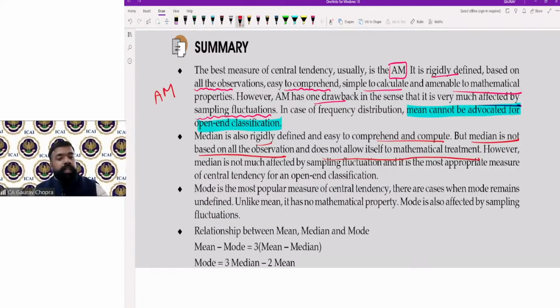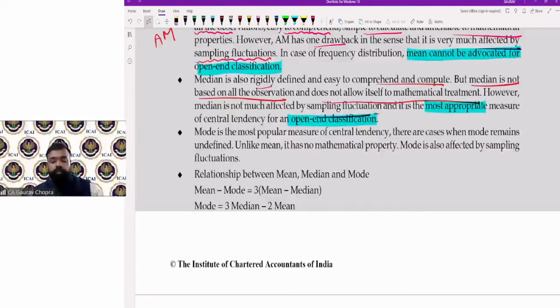There is no such property involved. But median is less affected by sampling fluctuation. Its fluctuation is considered less, and it is most appropriate for open-end class interval. So whenever the class interval is open-end, we will prefer the median. Median is preferred for open-end class interval.